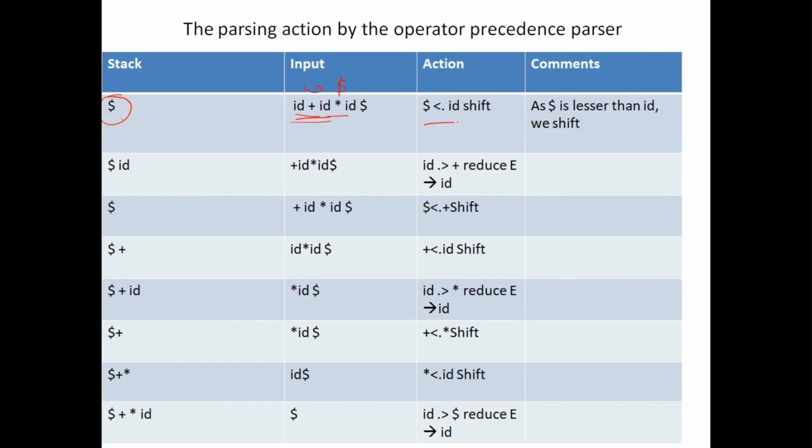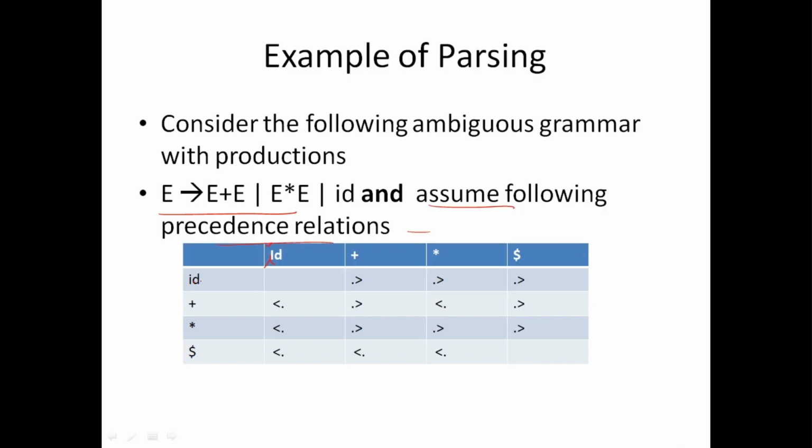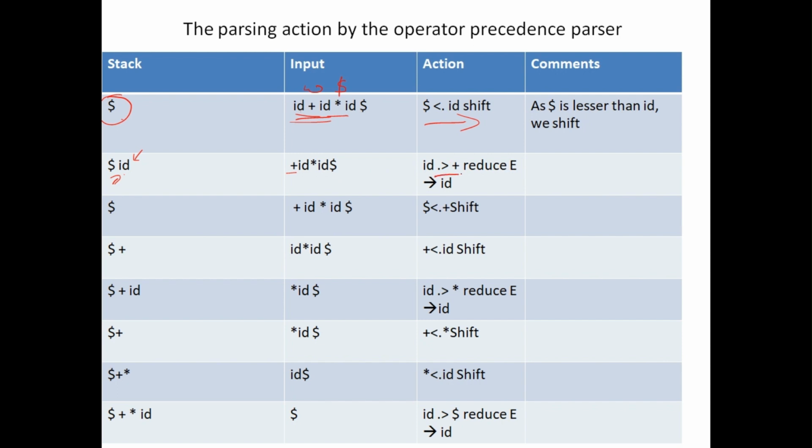Therefore what we have to do is shift. So id is shifted onto the top of the stack. Now id and plus: if you compare id and plus, id takes precedence over plus. So what happens? Reduction is done. So id is reduced.